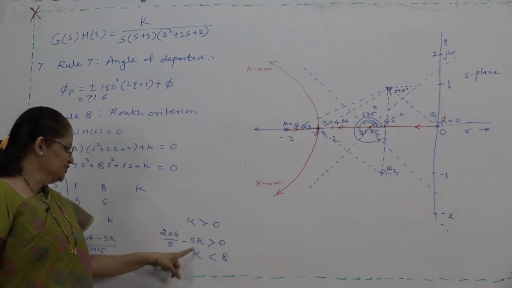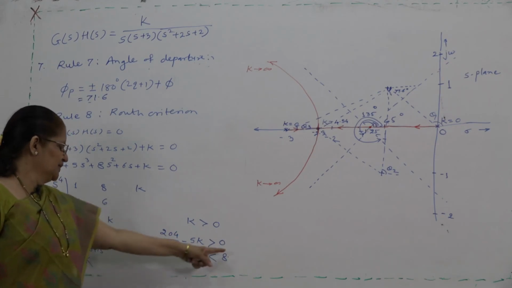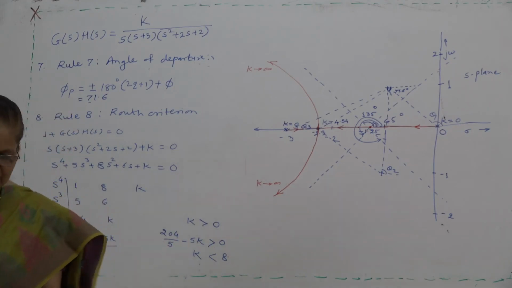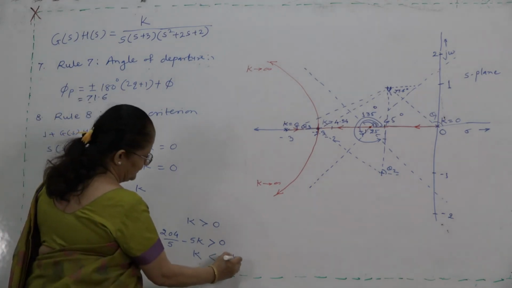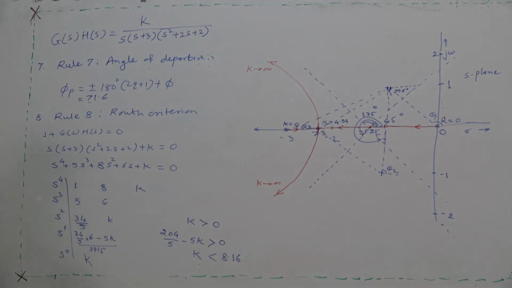So, what is the value of K? K should be less than 204 divided by 25. So, what value will you get? 8.61. Solve it.